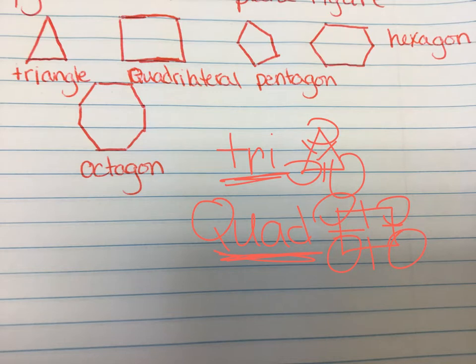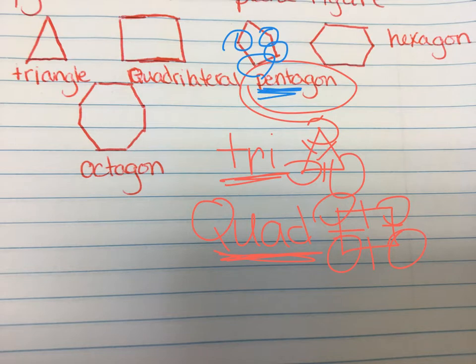Then we go to, as you would guess, a pentagon, where penta means 5. 1, 2, 3, 4, and 1 way up top, 5. That is why a pentagon is called a pentagon. Notice that there is gon on the next ones, like a polygon.